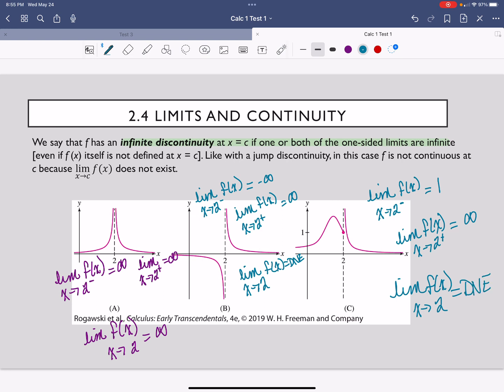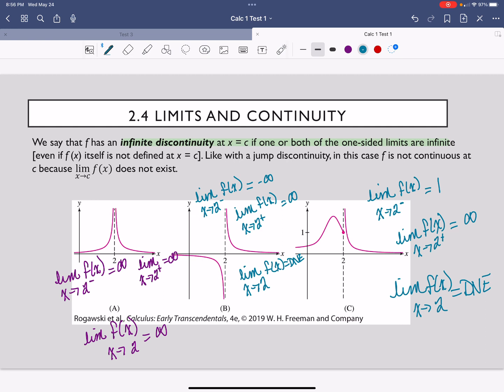So we have our jump discontinuity, our infinite discontinuity, and our removable discontinuity. Removable discontinuity is when we have a hole.